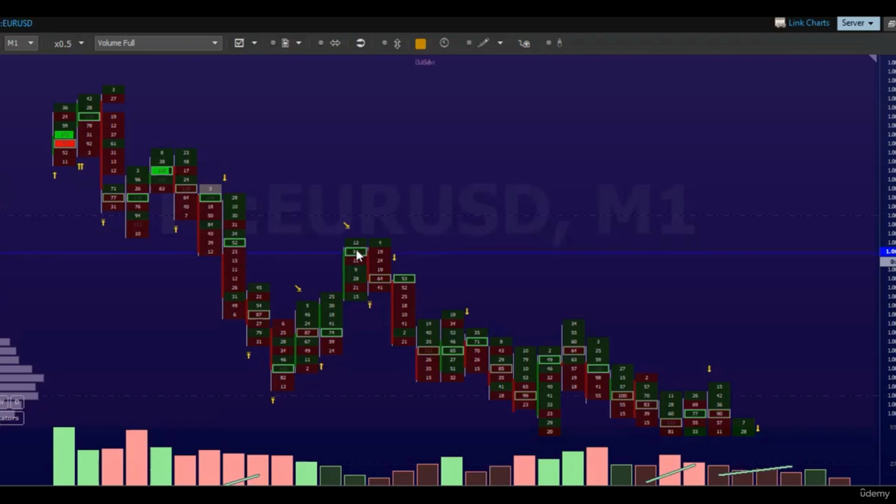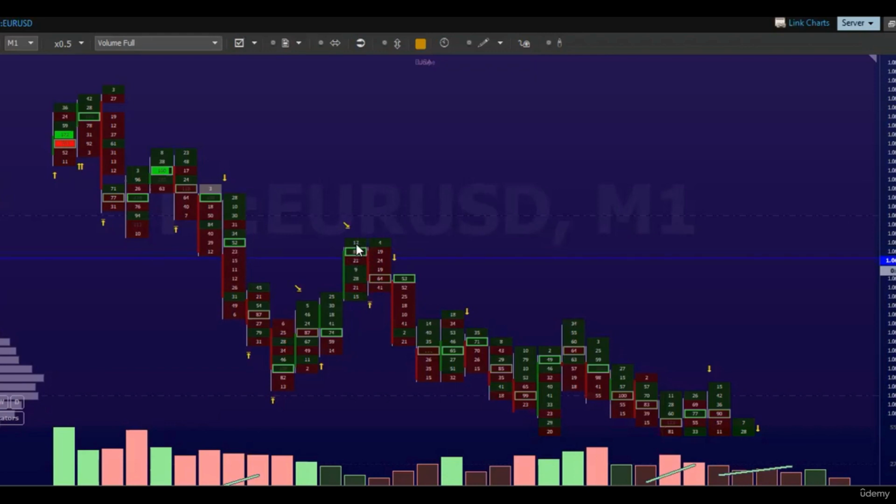After that, it created this candlestick where volume is high exactly at the closing point. That means this is a stop bar by the buyer side, and this is the 84.